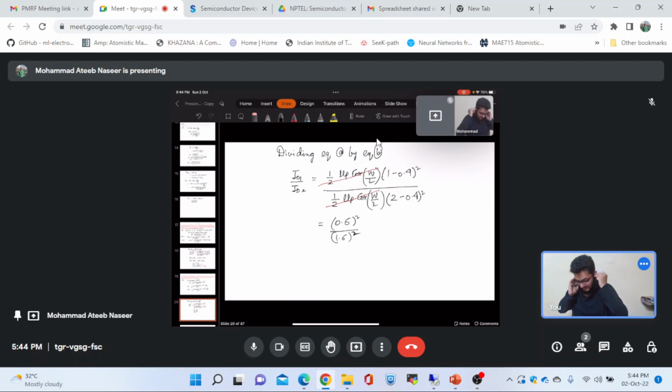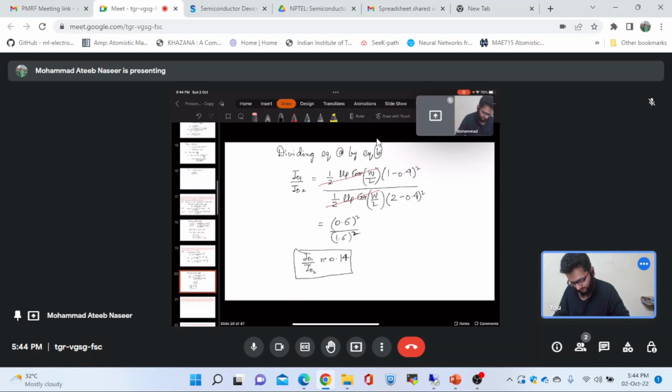Let us solve this: 0.6 into 0.6 divided by 1.6 divided by 1.6. ID1 by ID2 will come out to be equal to 0.14. So this is the ratio of the currents in the saturation region when one of the currents was at 1 volt and the other current was at 2 volts. So we have found the desired ratio.